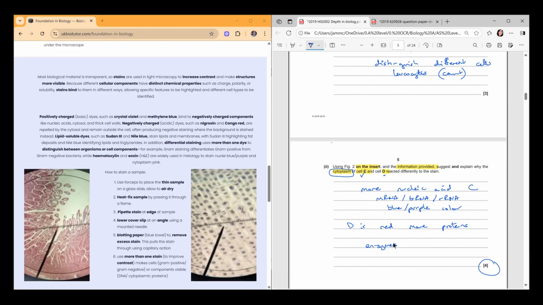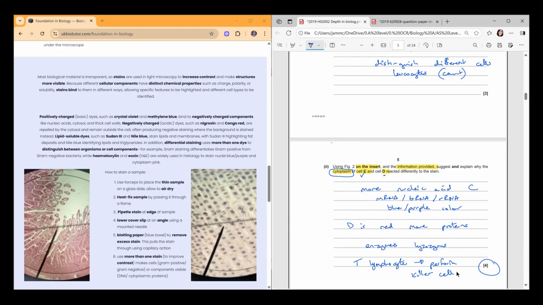So the enzymes could be lysozymes that have been produced, or if, for example, we are looking at not a phagocyte, we might be looking at a lymphocyte, and it could be a T lymphocyte. If it's a T lymphocyte, it might actually be producing perforin if it is a killer cell.